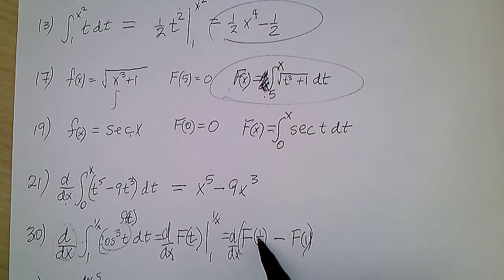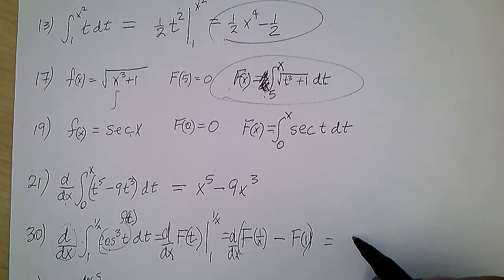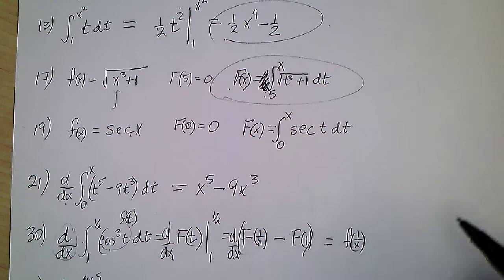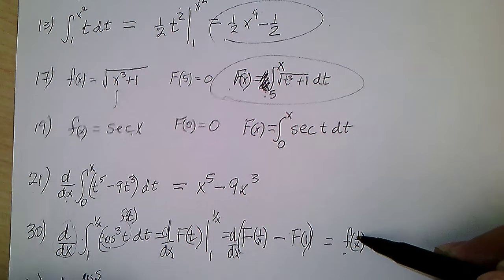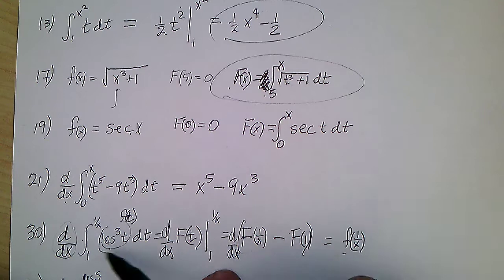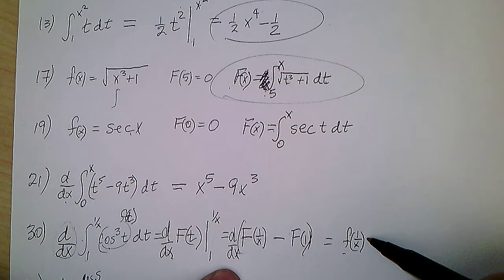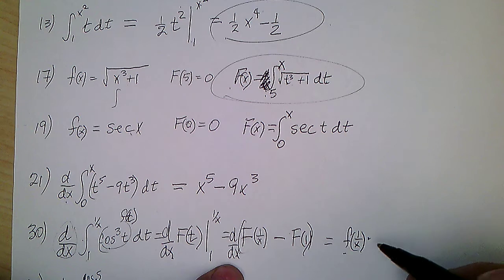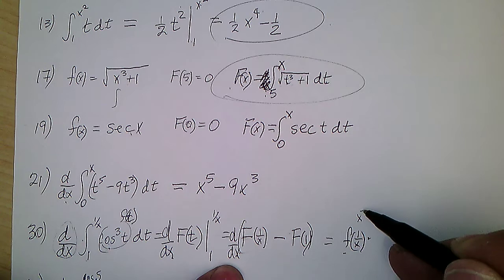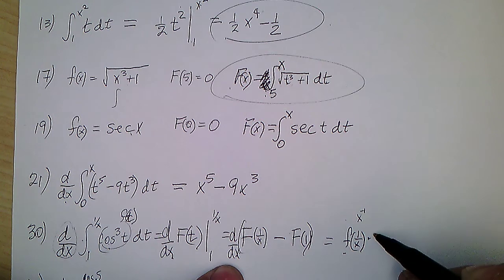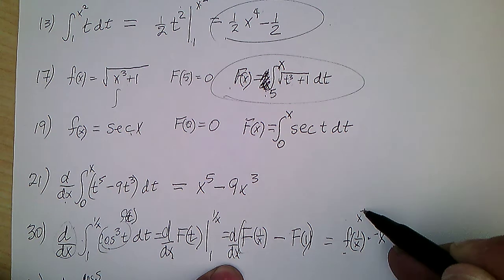And so the derivative of this would be little f of x, or f of t, but then the chain rule, that would be f of t times the derivative of the inside, derivative of 1 over x, x to the minus 1 is 1 less, minus 1, x to the 1 less, minus 2.